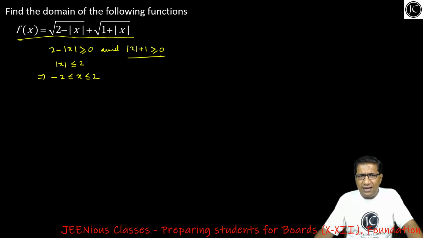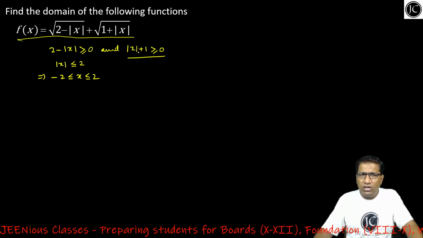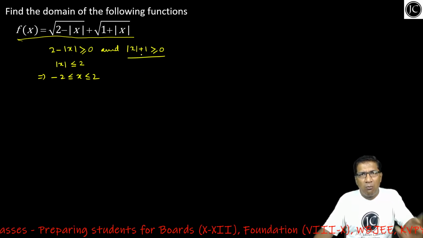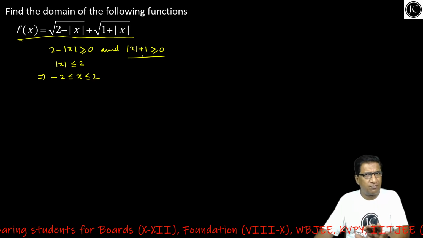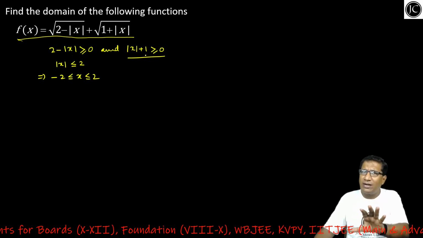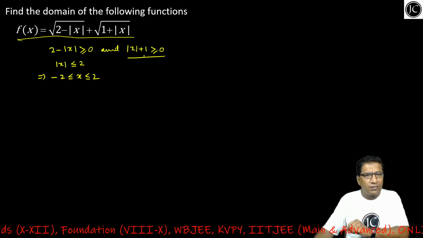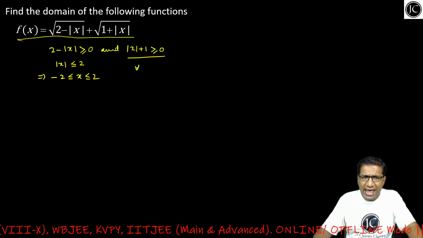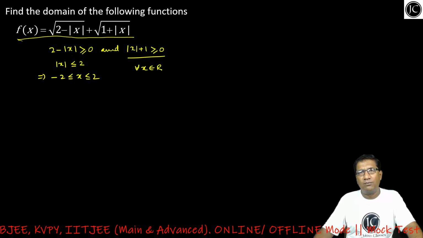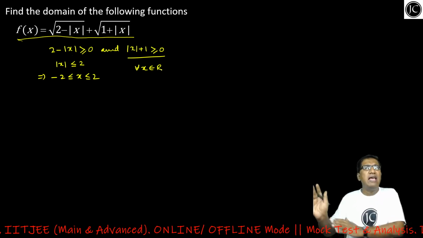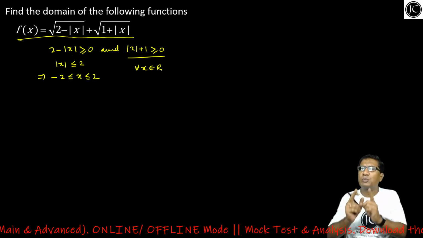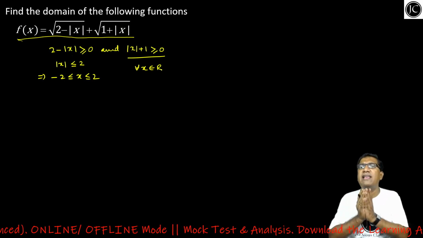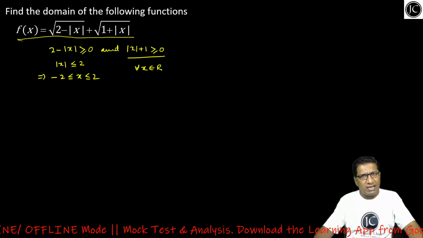And for the second case, look very carefully, modulus of x plus 1. Mod x is always positive, right? So the least value that mod x can take is 0. So mod x plus 1 for all x belongs to real value. X का कोई भी real value ले लो, mod x plus 1 is always greater than 0. Do you accept this?